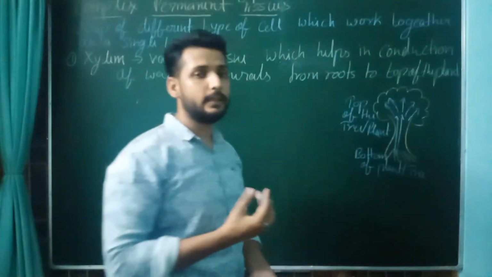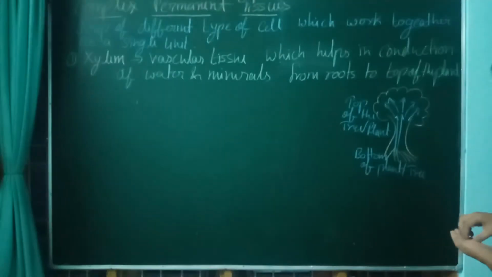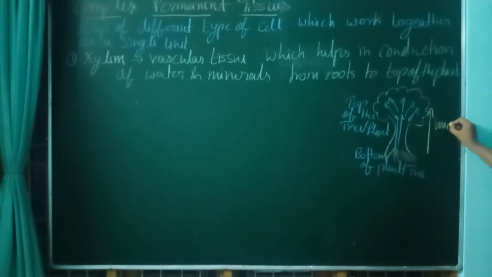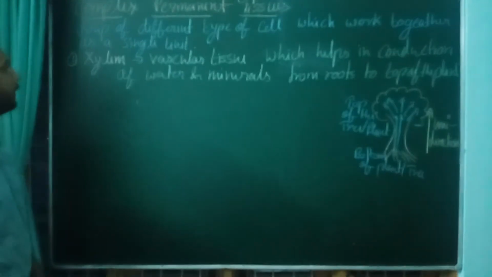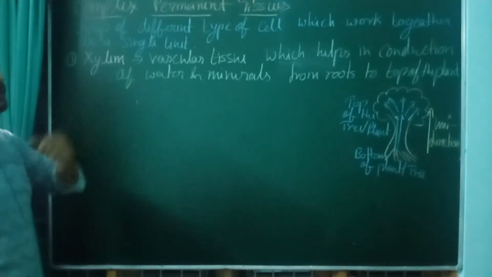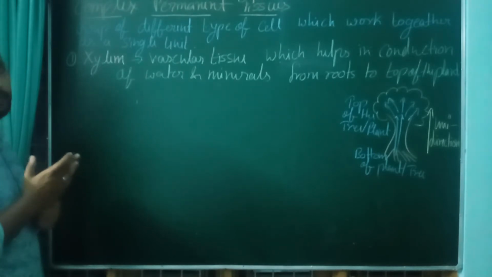Got it? Unidirectional means it goes in a single direction, from bottom to top. So xylem is a vascular tissue which helps in conduction of water and minerals from roots to the top of the plant.